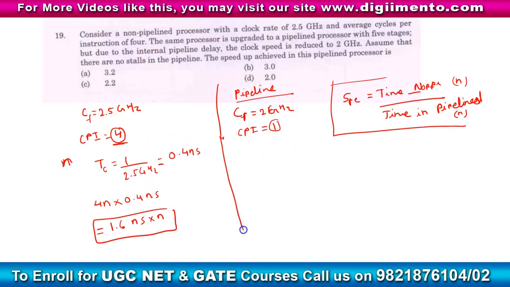In the pipeline processor, one instruction executes in one clock cycle. The time consumed in one clock cycle is 1 divided by 2 gigahertz, which means 0.5 nanosecond.